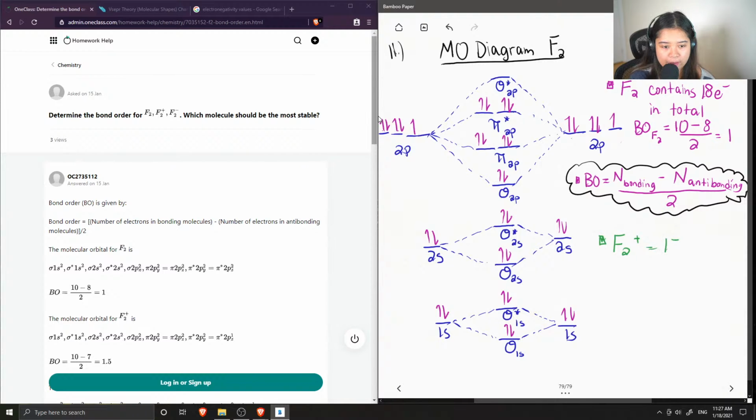This means we now have 17 electrons in total. So it's going to look the same as our F2, except this time we lost an electron. So let's say in the green is F2 plus, and we lost an electron there. Let's try to calculate that bond order.